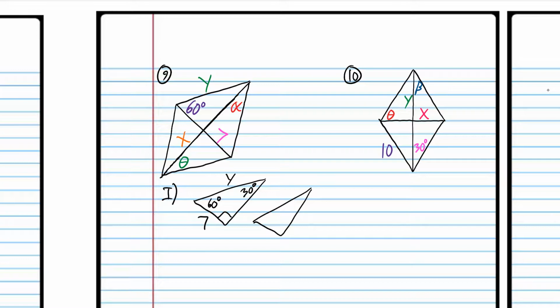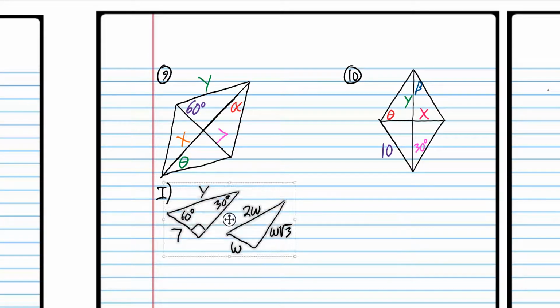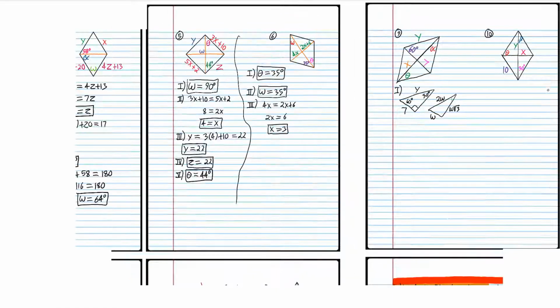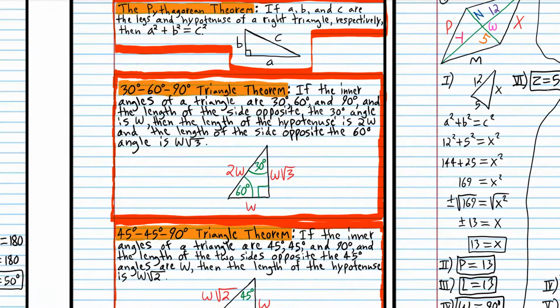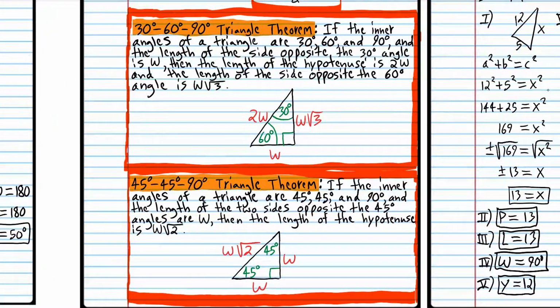Because we have w root 3, that's the variable I used. You don't have to use w, but just make sure it's not a variable that's already on the problem. And so we can use that relation. Again, I just got that from the screenshot over here. I'm just using w because that's what I use for the theorem.